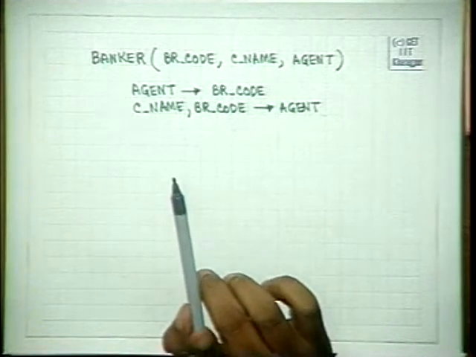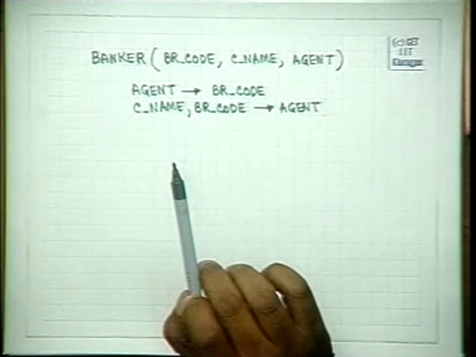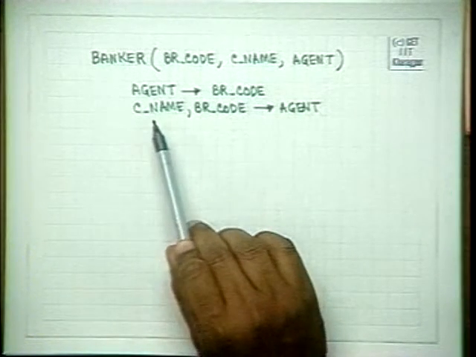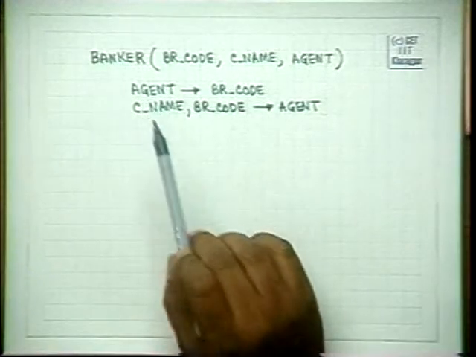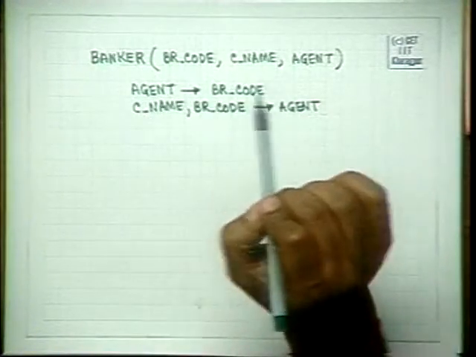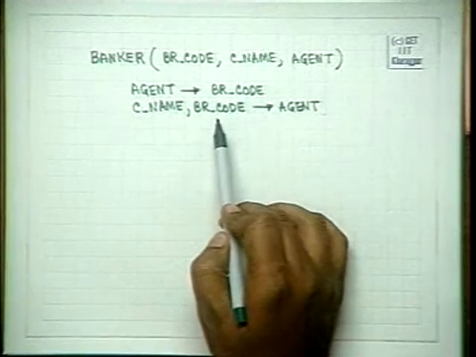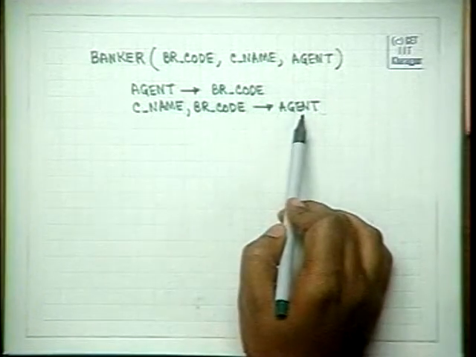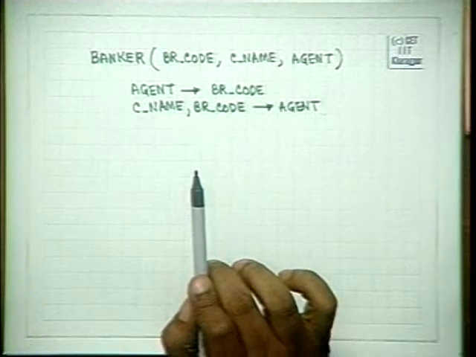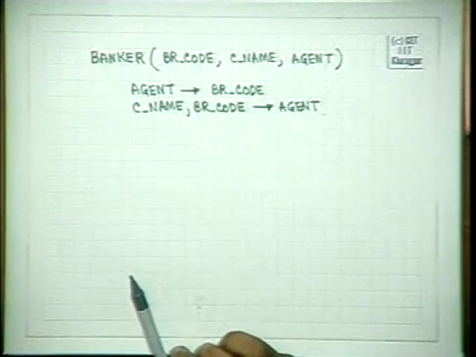An agent is like a person who tells you about the fixed deposits available, and he is like a middleman who will do all the jobs for you. A customer in a particular branch can go to only one agent. He cannot go to all the 5-6 agents here.